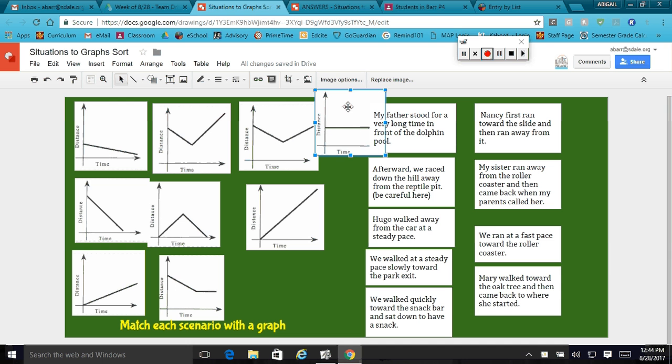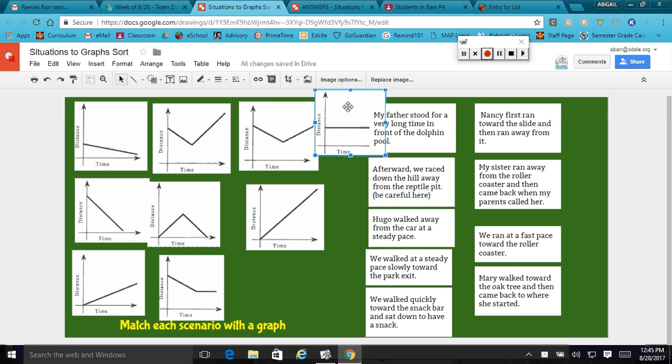All right, next one I want to look at is this one. We walked quickly towards the snack bar and sat down to have a snack. Okay, what's happening to time? Can time decrease?